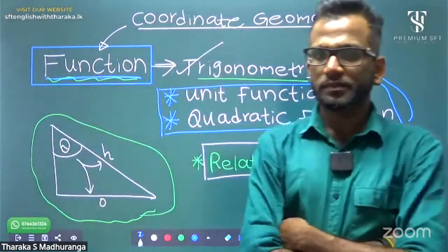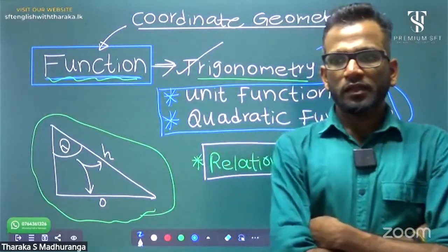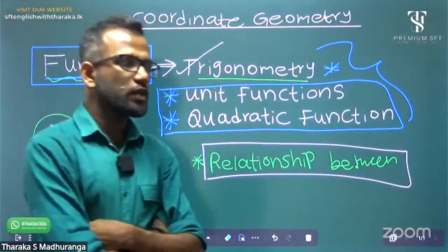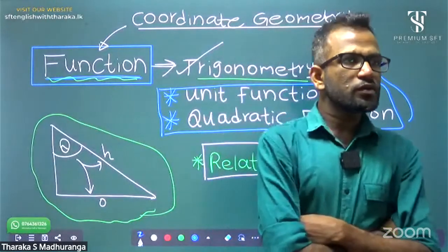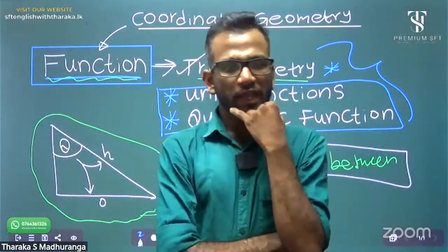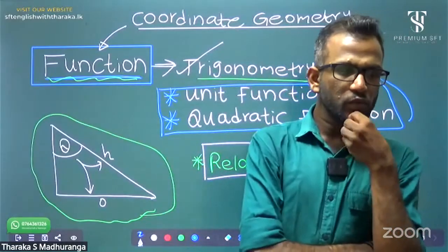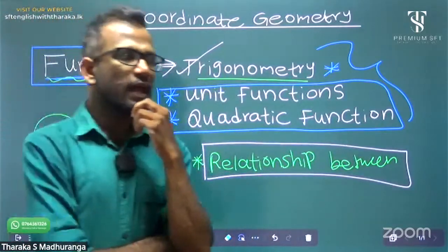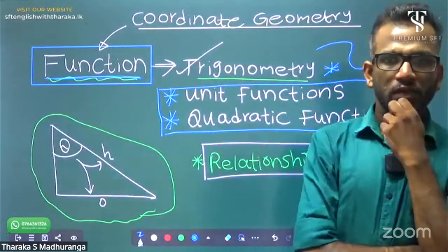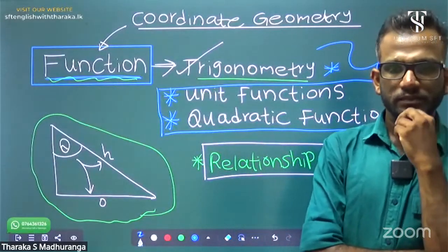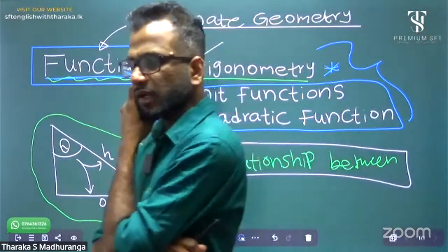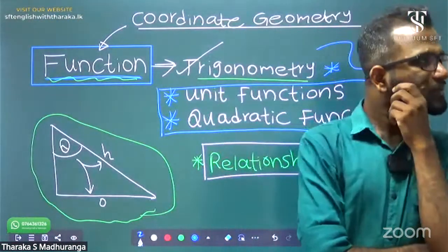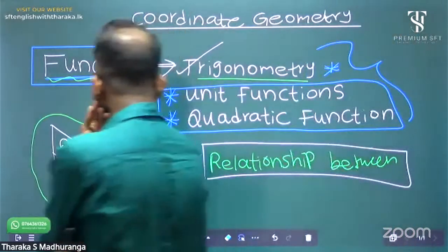Next, star mark: the relationship between two or more than two factors is called a function.